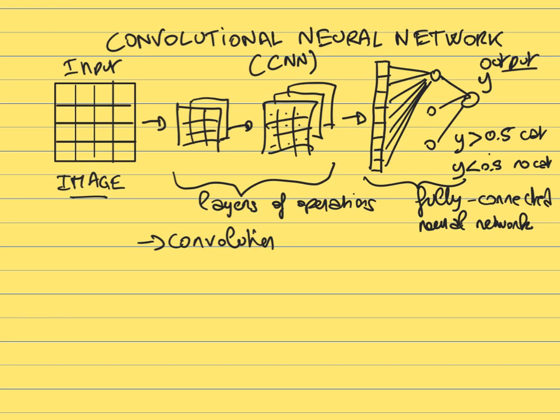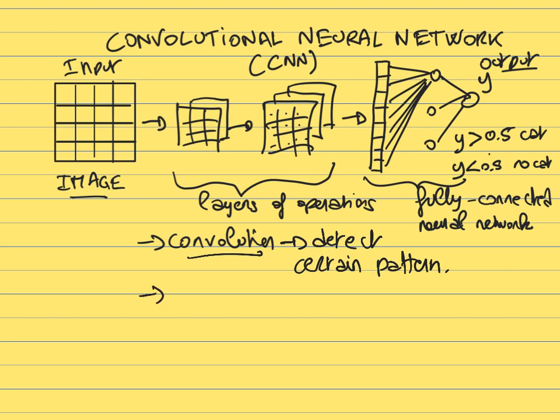The goal of this convolution will be to detect certain patterns in the image. This pattern can be a shape, it can be a line, or any kind of relevant pattern that will be useful in helping us detect whether there is a cat or not. We'll come back to this in the next slide to see more about what this convolution operation is.